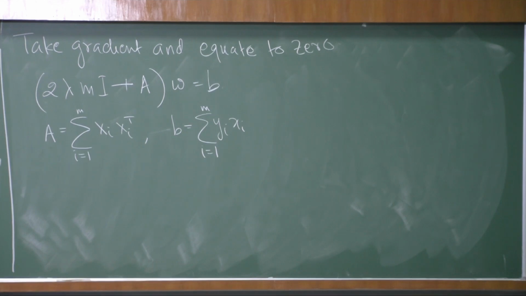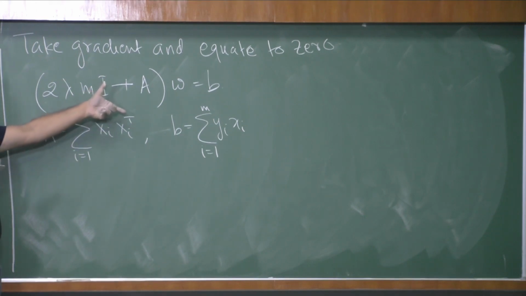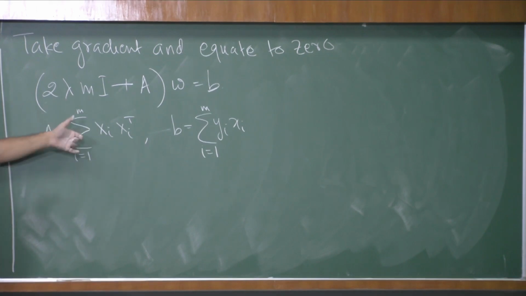At the end of the day, if it is singular, it's a bad problem to solve. You can create a hack and use the pseudo inverse, but it's still a singular system, and AW equal to B is a singular system. But now you see the effect of the regularizer.